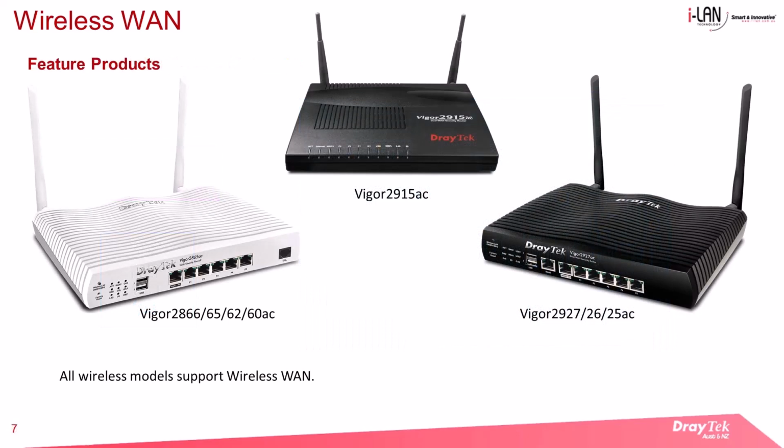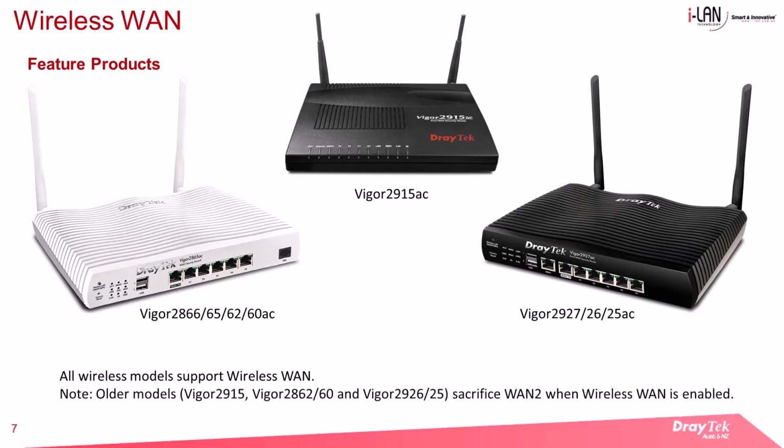Feature products. We offer a variety of routers that support wireless WAN, including the Vigor 2866, 65, 62, and 60 series, Vigor 2927, 26, 25 series, and the Vigor 2915 models.